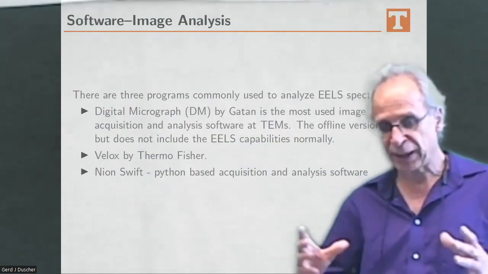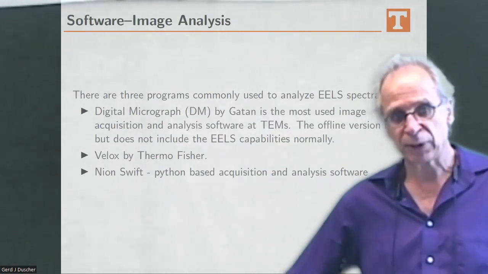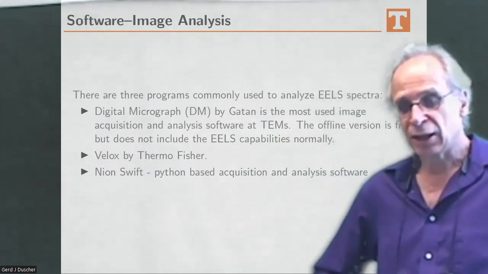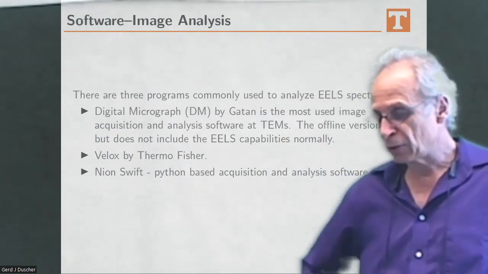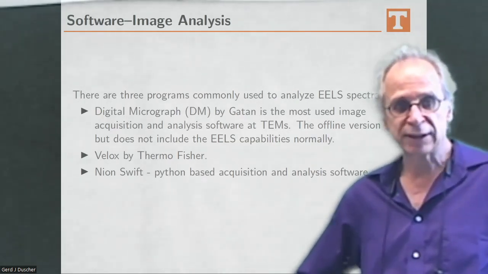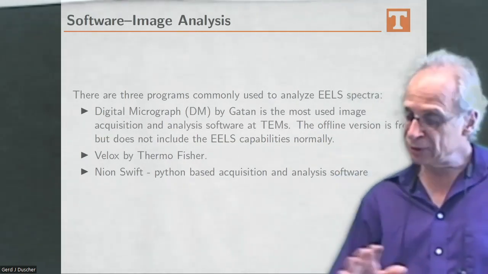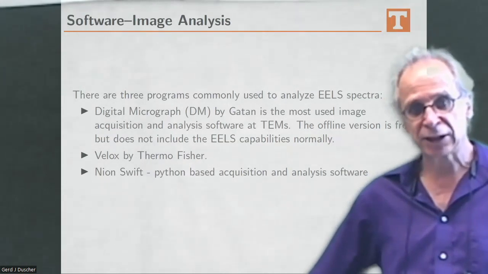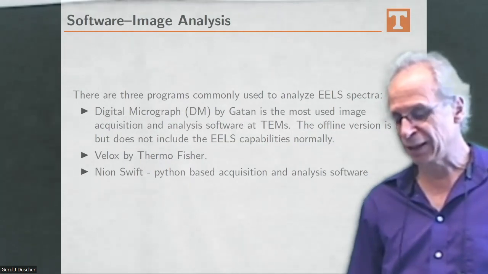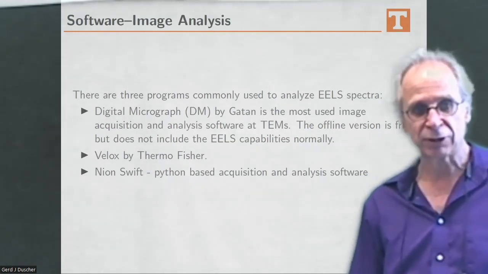Those are software packages that control the microscope and do the acquisition. And then there's Nion Swift. Nion Swift, Velox, and Digital Micrograph all have Python interfaces, so they can be interfaced, and you can do that with different levels of sophistication. I think Gatan is actually still at Python 2.7, so we will see that that is no longer really supported.